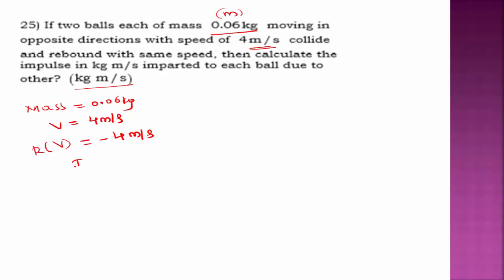We know the formula: impulse is equal to the change in momentum. Change in momentum means final momentum minus initial momentum. Initial momentum is 0.06 into 4, minus the final momentum 0.06 into v, where v is minus 4.